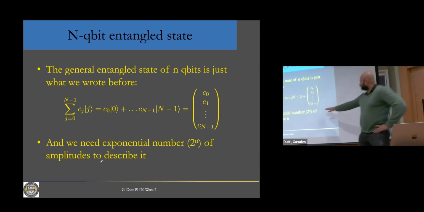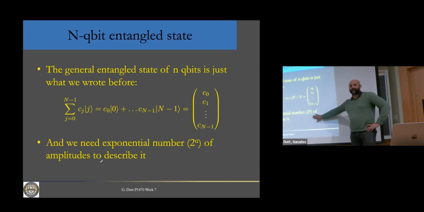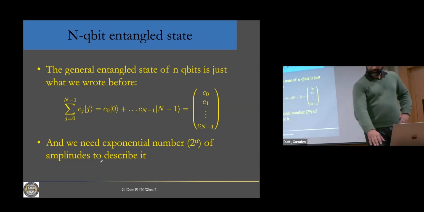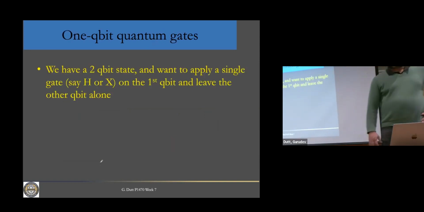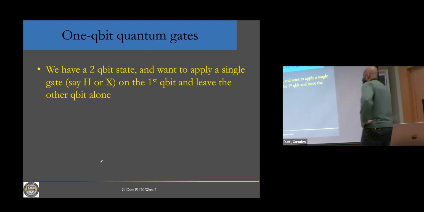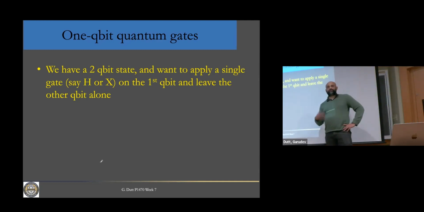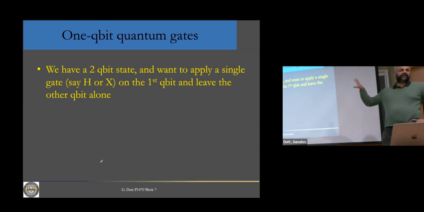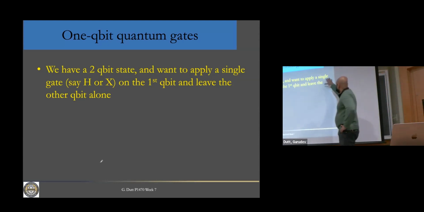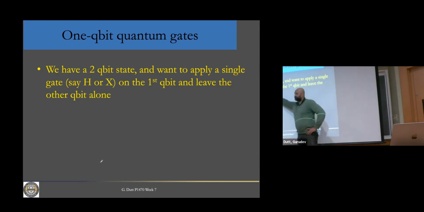Okay, so this statement, I hope everybody is okay with, right? The exponential number of amplitudes to describe entangled states. So we want to now introduce quantum gates, but now these are quantum gates on 2 qubits. Okay, but I'll call them 1 qubit quantum gates, meaning that we want a gate where we apply a single gate, call it whatever you want, H, X, Y, Z, etc., on the first qubit, but leave the second qubit untouched.